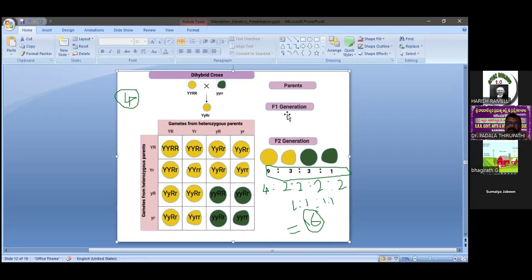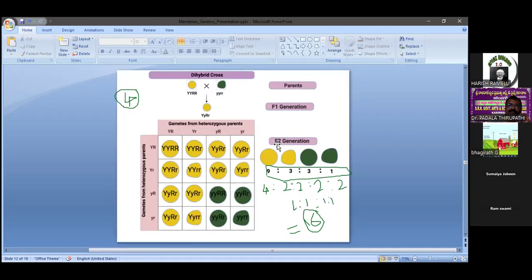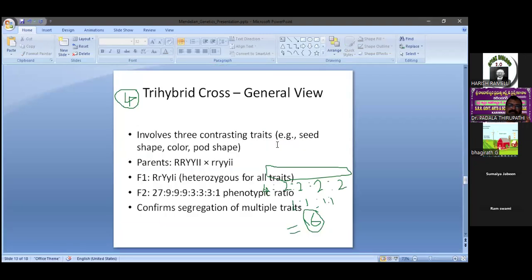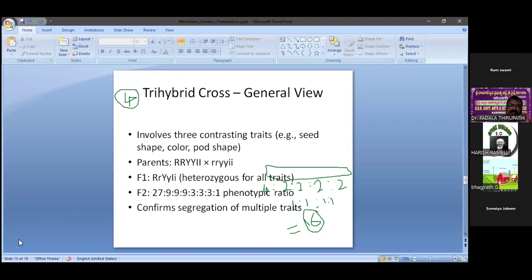Now, sir, it is visible? Yes, sir, visible. Okay, okay. Now, dihybrid cross. I will remove this diagram.